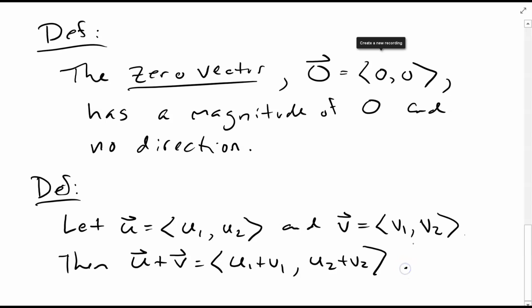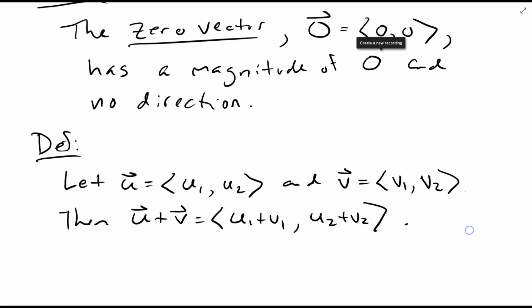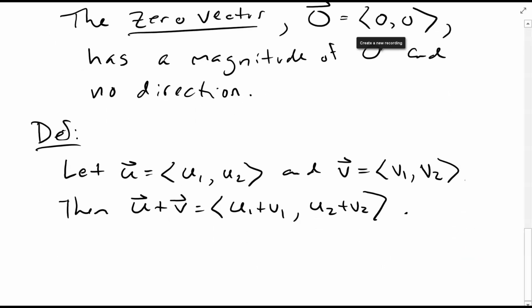To add two vectors together, we just add them component-wise. So we just add the x components together and the y components together, and that's it.